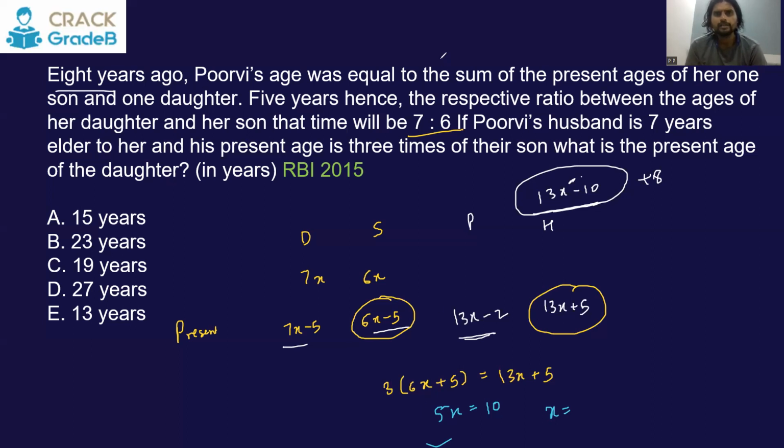Sorry, this is 6x minus 4. Not plus, it is minus 4. So that will be 15 and 5, 20. 5x is equal to 20. x will be equal to 4. So if x is 4, you can just put it here to get the present age of the daughter. So 28 minus 5, 23 is the present age of the daughter of Purvi.